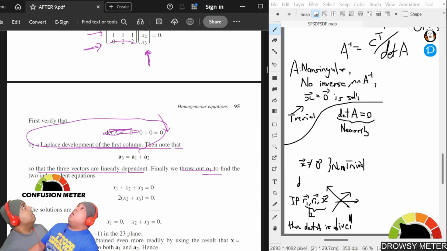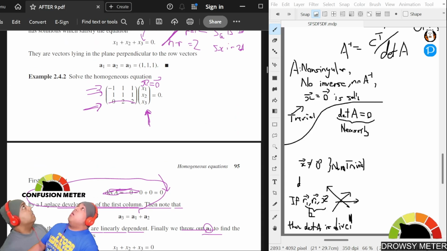What do you mean throw out A1? This times this: minus x1 plus x2 plus x3 equals 0. x1 plus x2 plus x3 equals 0. 0 plus 2x2 plus 2x3 equals 0.